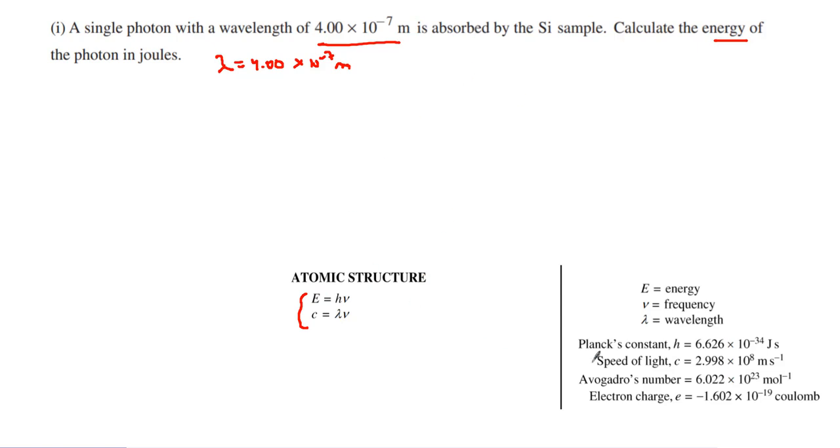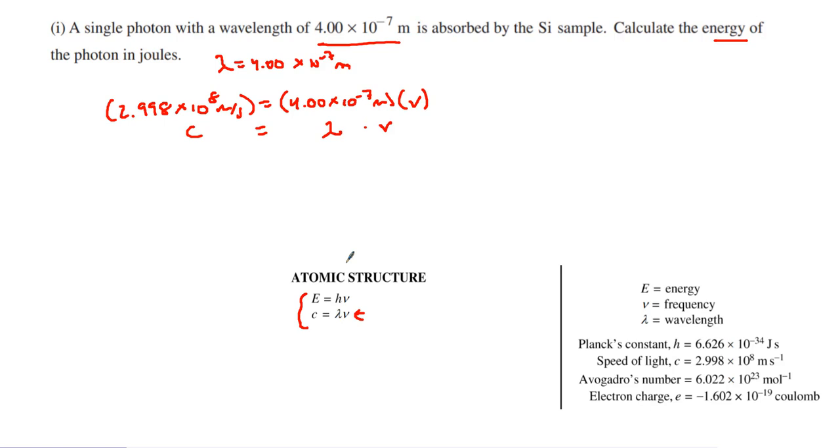The speed of light, 2.998 times 10 to the 8th meters per second, is equal to wavelength, 4.00 times 10 to the -7th meters, times the frequency. That's the speed of light equals wavelength times frequency. That's this second equation right there. So we can find our frequency.